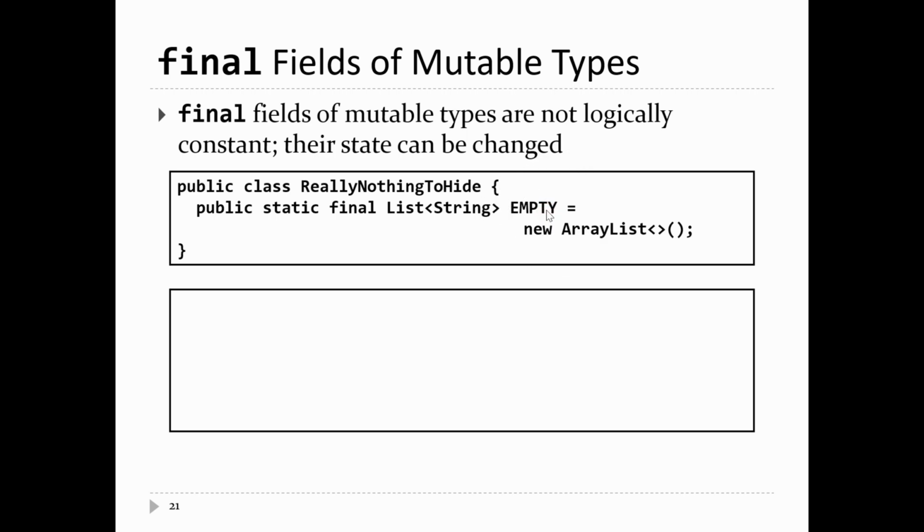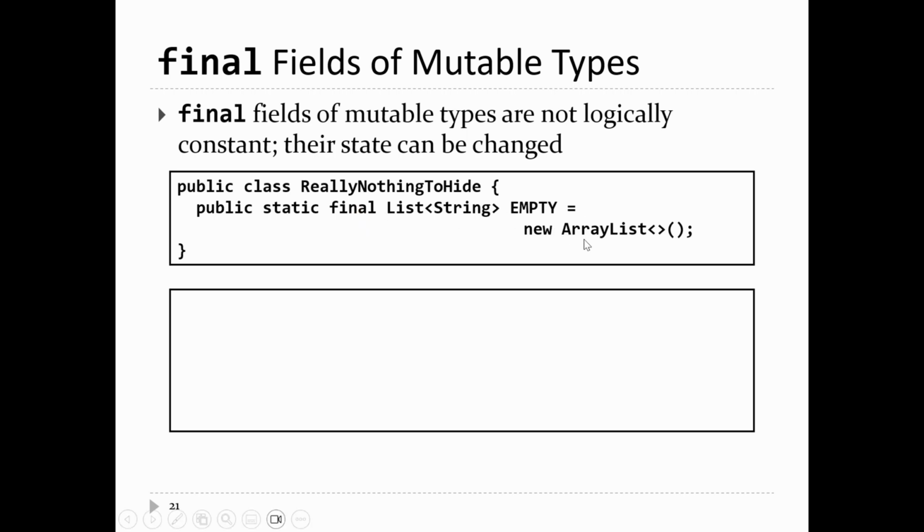And the name of the field empty seems to suggest that this list is always an empty list, which surprisingly turns out to be useful in some cases. So here I make a new array list. That makes a new empty list. I've marked it as final, so I can't say empty is some other list. If you try to say empty equals new list somewhere else, it's not going to work. It's marked as being final.